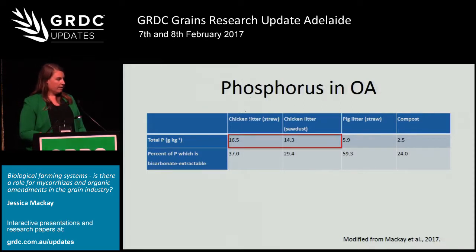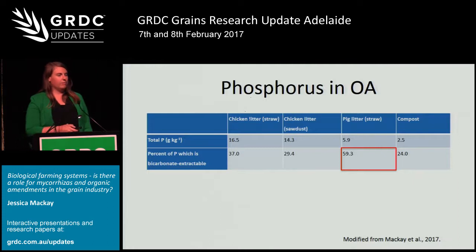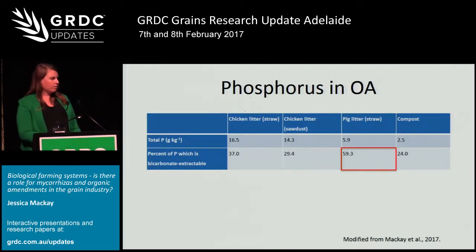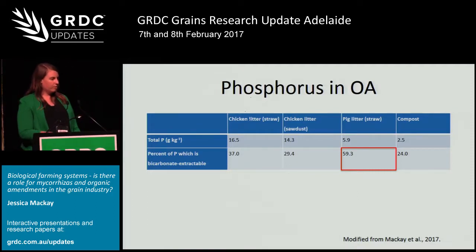And I found that the chicken litters had the highest concentration of phosphorus, but the pig litter had the highest percent of phosphorus which was bicarbonate extractable. And therefore, we predicted that the pig litter would provide more phosphorus to plants if these materials were applied at the same rate of total phosphorus.